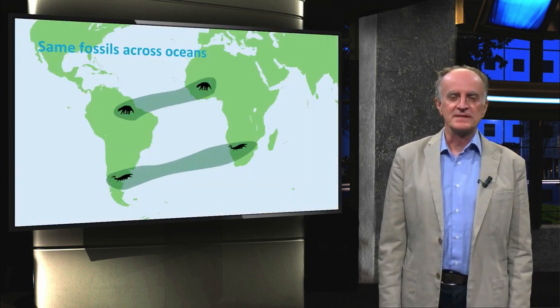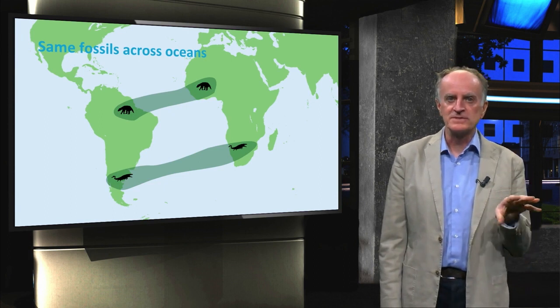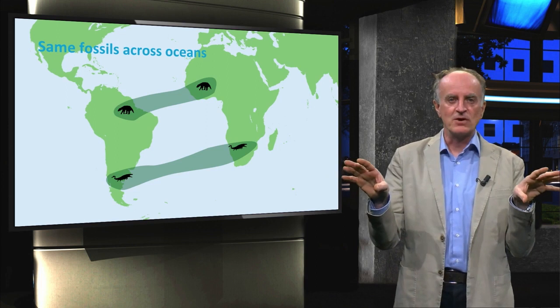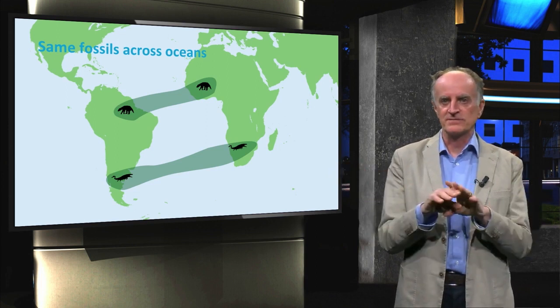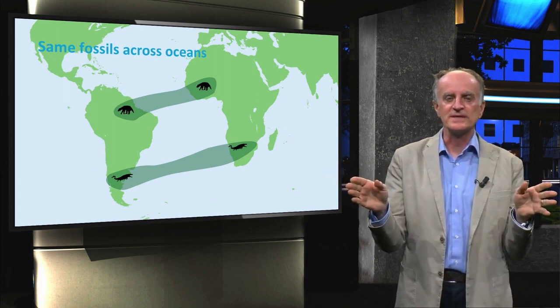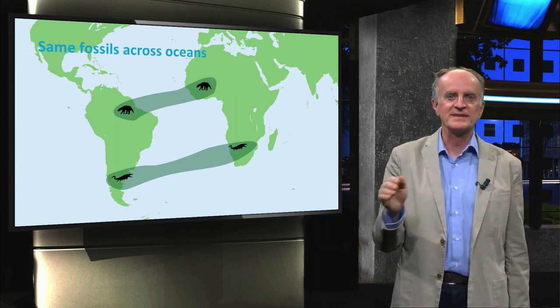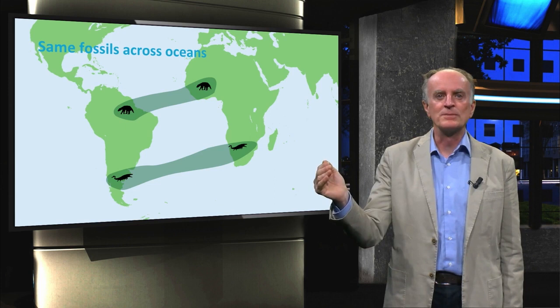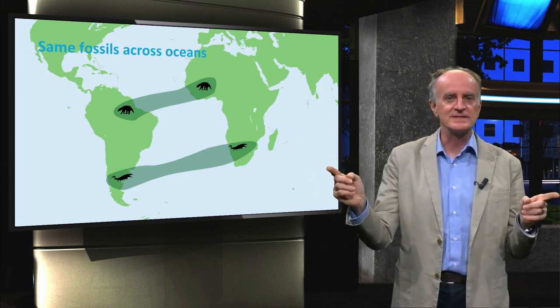Geologists have discovered, for instance, that very similar fossils can be found in South America and Africa. This is obviously incompatible with the presence of a large ocean between the two continents. Very provocative ideas have been proposed, such as that of 1,000 kilometers long bridges connecting the two continents.